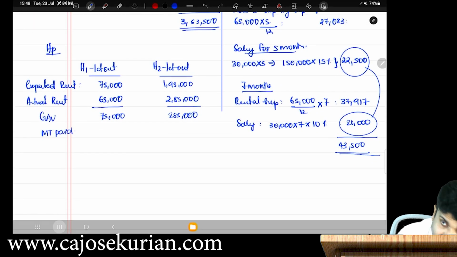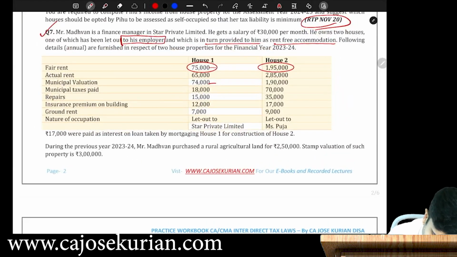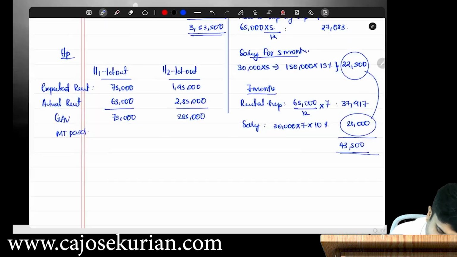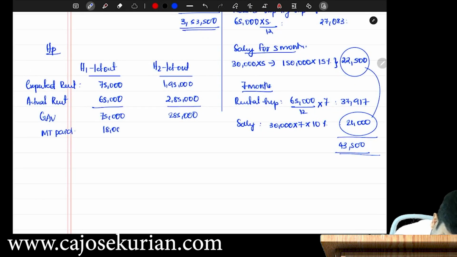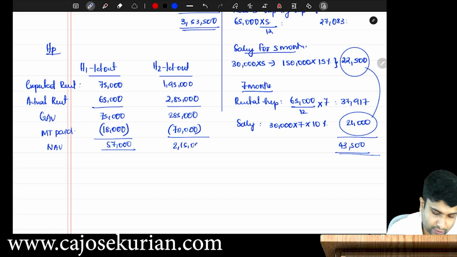They are saying municipal taxes paid 18,000 and 70,000. 18,000 is for house 1 and 70,000 is for house 2. Can you tell me how much is the NAV now? 57,000 for house 1 and 2,15,000 for house 2.